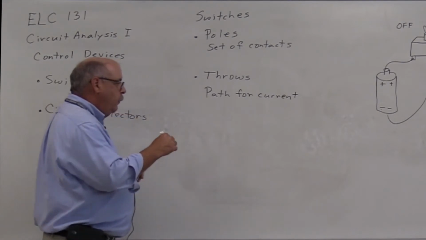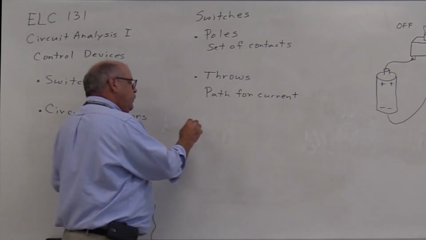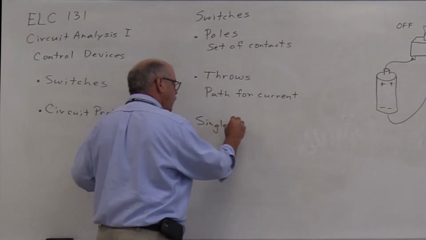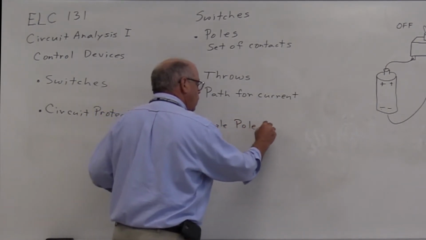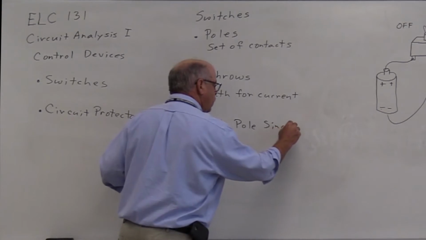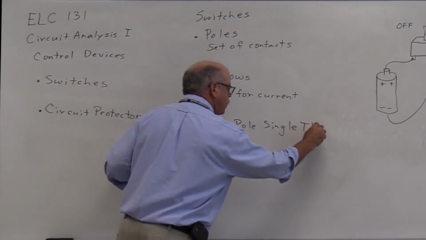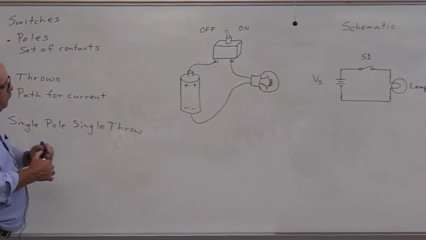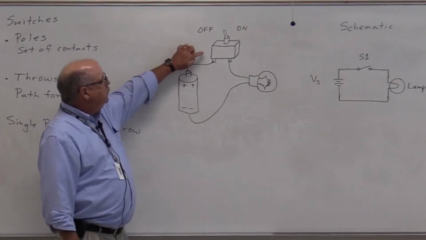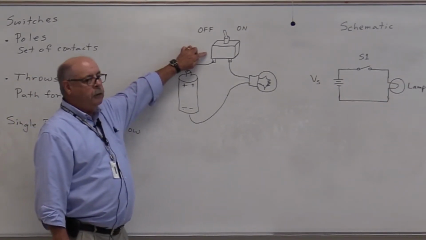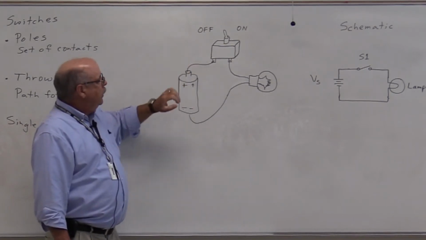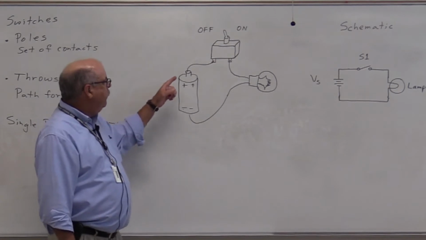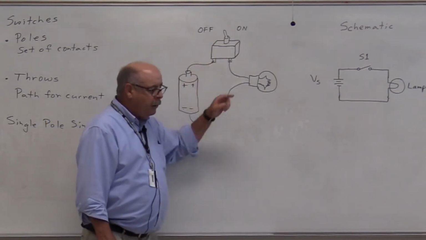So the first switch we look at is called a single pole, single throw. And this pictorial shows a single pole, single throw switch. There's one set of contacts and there's one path for current in and out of the device.